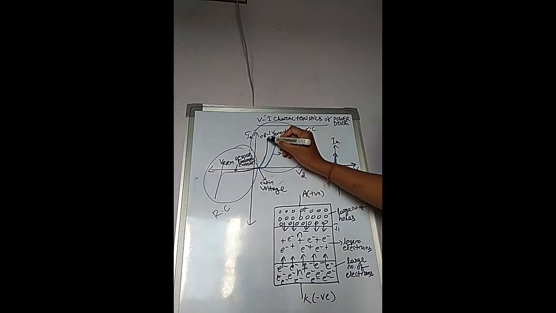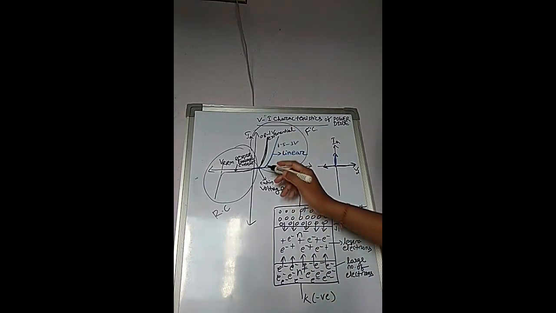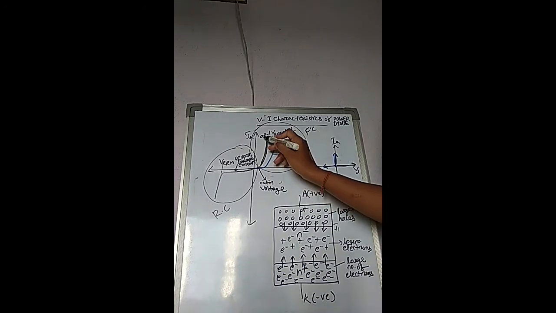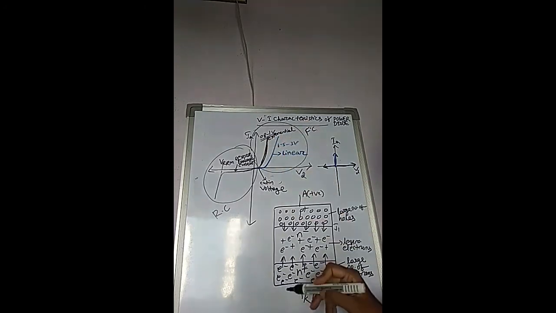This graph represents exponential rise of the diode current. Okay, so in this case the on state voltage drop is 0.8 to 1 volt.